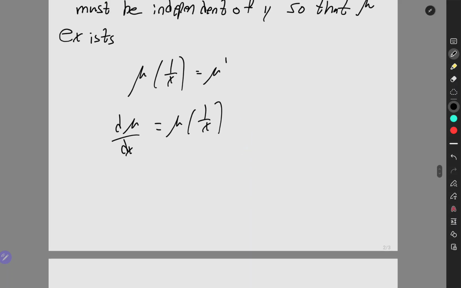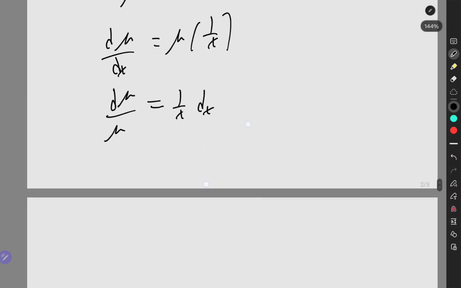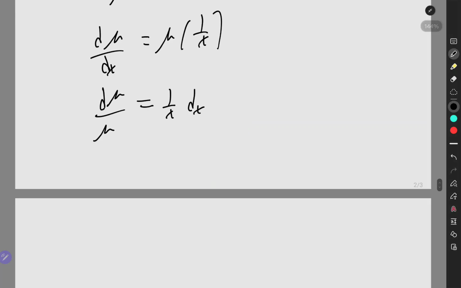So then we separate it, right? So we have d mu over mu, that has to be right, is equal to 1 over x dx, right? That gives us our natural log there. But 1 over mu would then be the natural log of mu, though. Wouldn't it be?